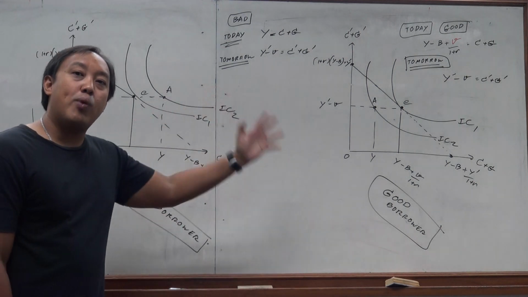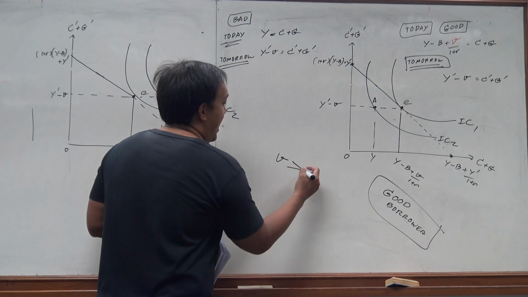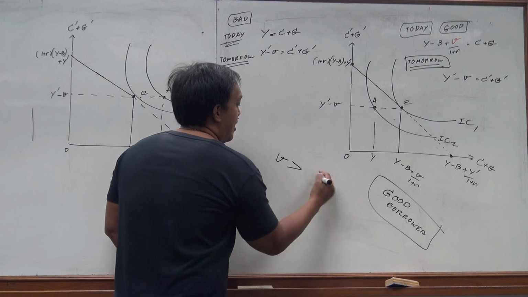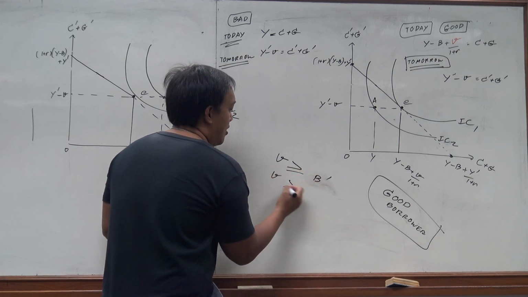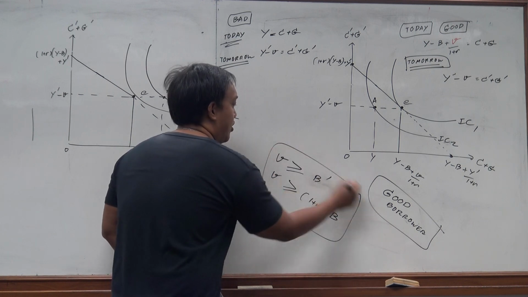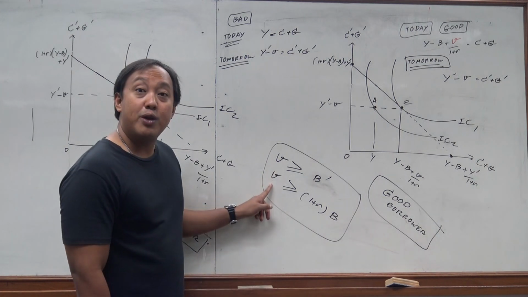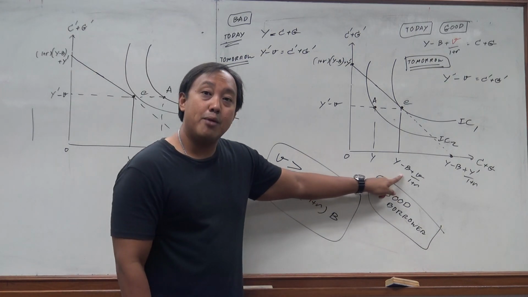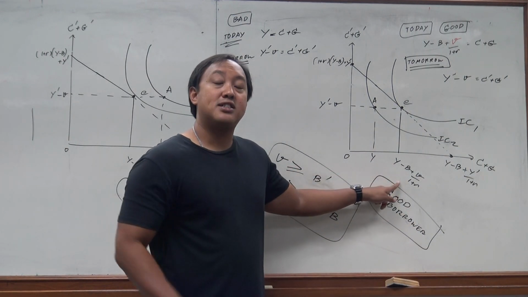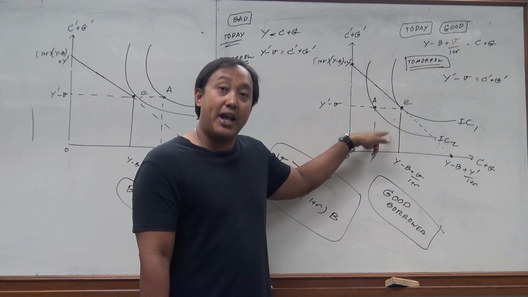If you want to make everyone a good borrower, you need to create a penalty greater than 1 plus r, times B. If you can create the penalty to be very big, then this point is always going to be on the right side of Y, so being a good borrower gives more utility than being a bad one.